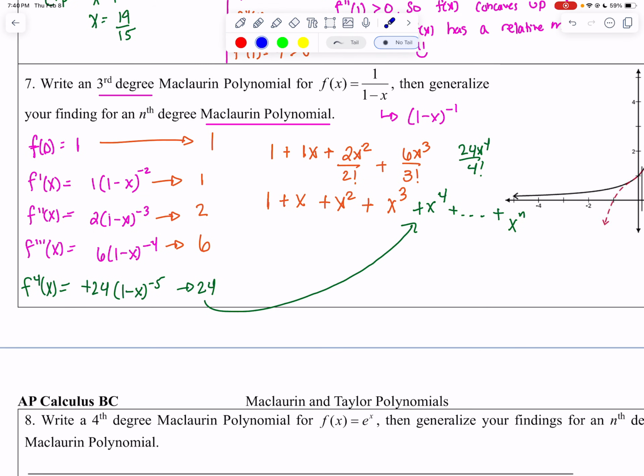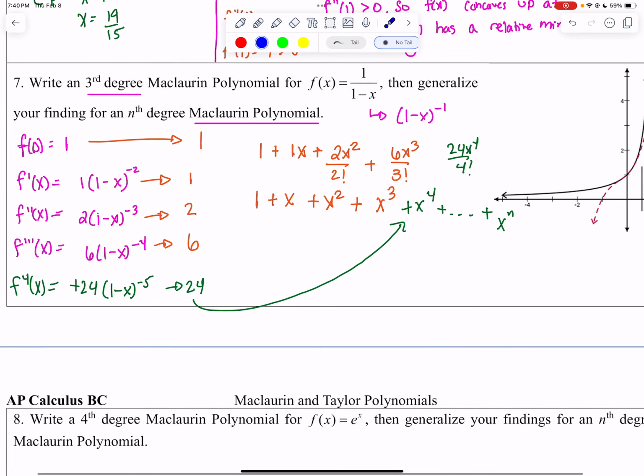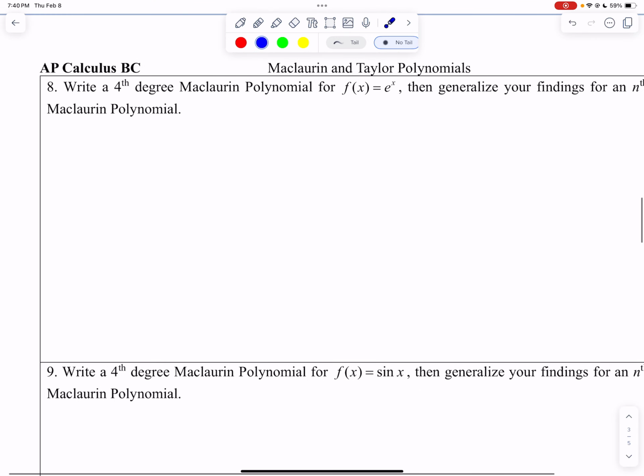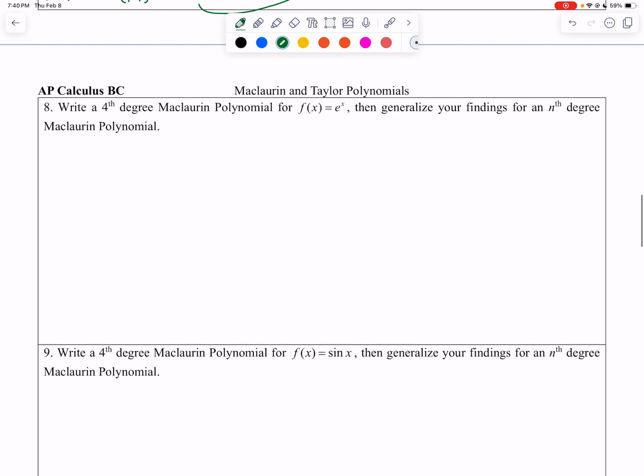And of course, you're going to have to memorize e to the x too. So let's go ahead and do that. Pause the video, do e to the x. This one shouldn't be that bad, hopefully. Because the derivative of e to the x is just e to the x. That's going to be easy peasy lemon squeezy. And then see if yours is correct.